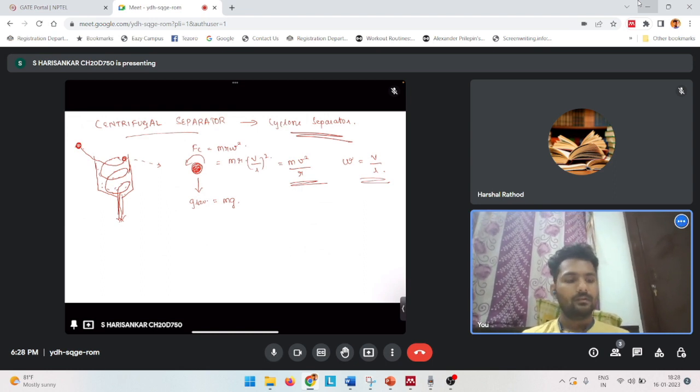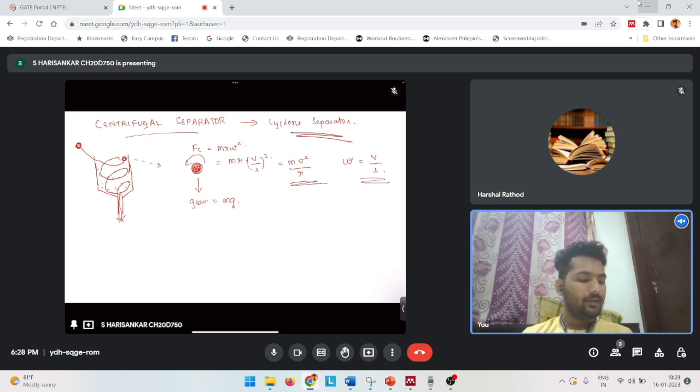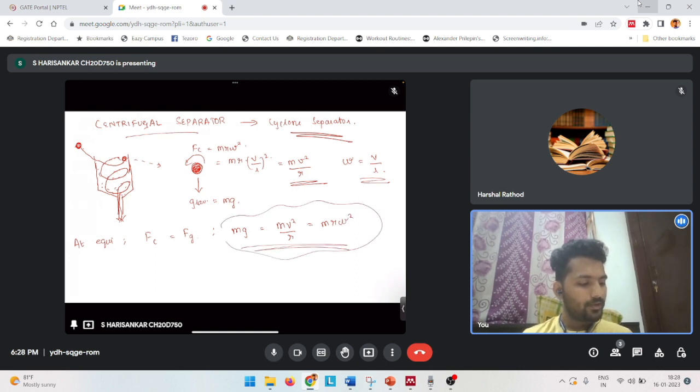Right. Now these two forces act on your particles in a cyclone separator, and at equilibrium this centrifugal force will be equal to the gravitational force, that means mg will be equal to m v square by r, or m r omega square. This is the force balance principle that we used to derive the equation for the critical speed of a ball mill, if you remember correctly.